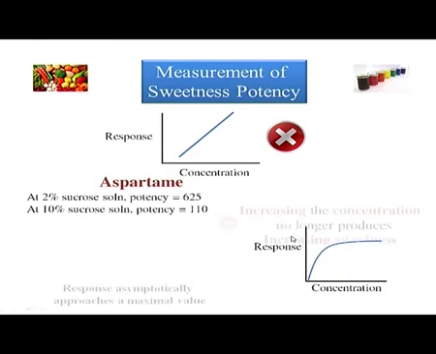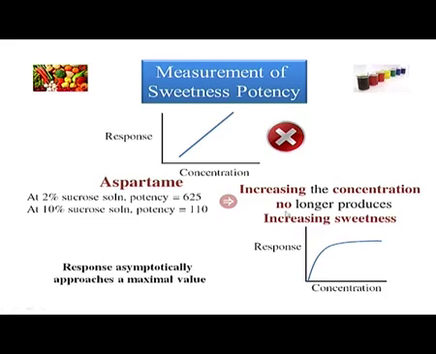So what you would generally note is that increasing the concentration no longer produces increasing sweetness, and the response asymptotically approaches a maximum value. This maximum is approached in no time. That is a very commonsensical response, right, because since there are human experts measuring sweetness, beyond a certain point every sweet will be very sweet or extremely sweet.